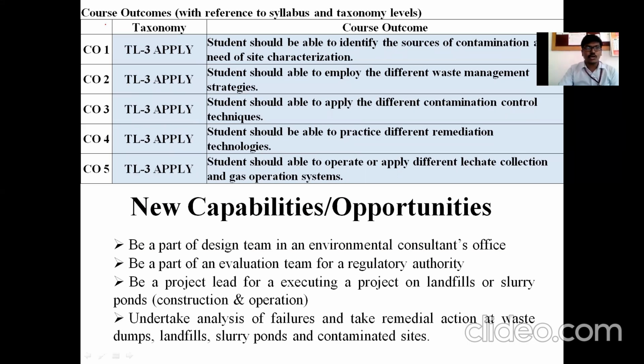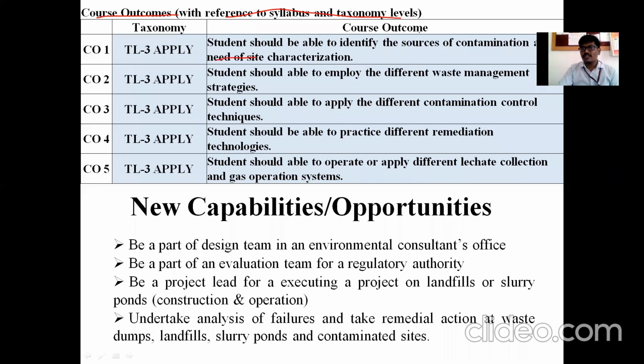Engineering course. Coming to the course outcomes, with reference to the syllabus and the taxonomy levels defined, these are the outcomes, meaning what the student will be able to achieve after learning this course, as I have listed here. You can just go through them: the student will be able to identify the sources of contamination and the need for site characterization.